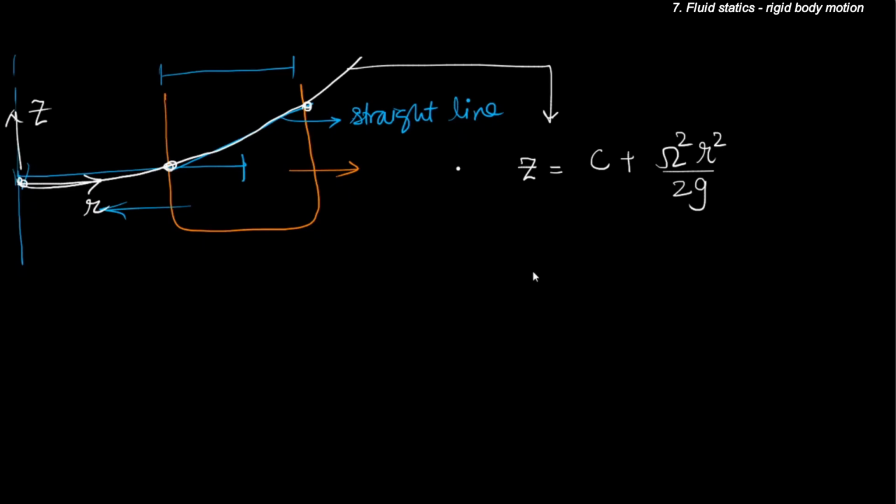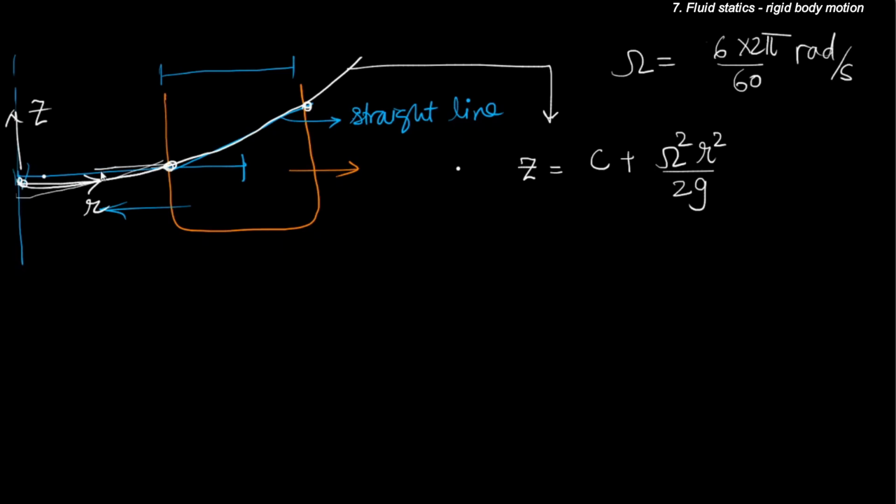In this case, omega is 6 rpm, so essentially it is 6 into 2 pi upon 60 radian per second, and we want to find out z2 minus z1, basically.